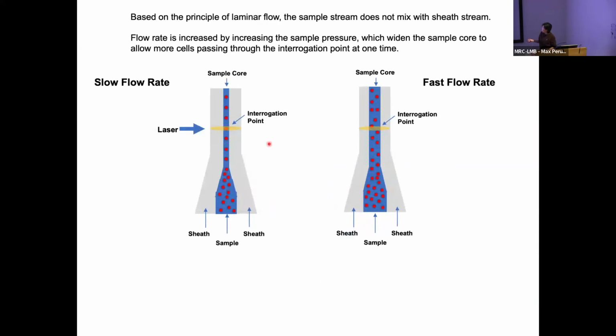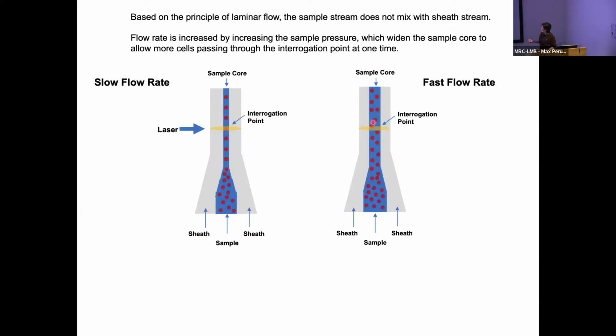Although the sheath fluid is constant, we can change the sample flow rate to increase our speed of acquisition. However, to increase the flow rate, we have to open up the core stream here. It comes with a disadvantage. If you want to run your samples much faster, you have to allow more sample core stream, a larger amount of fluid, to pass through the sensing point.